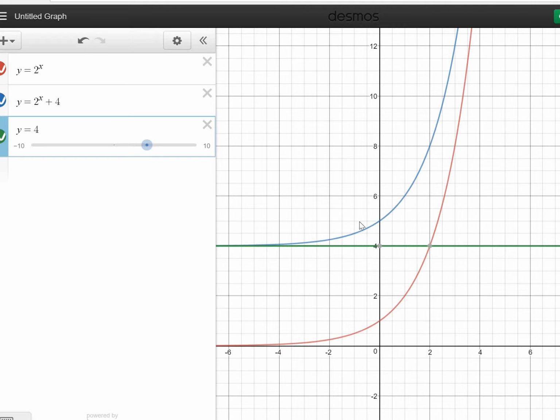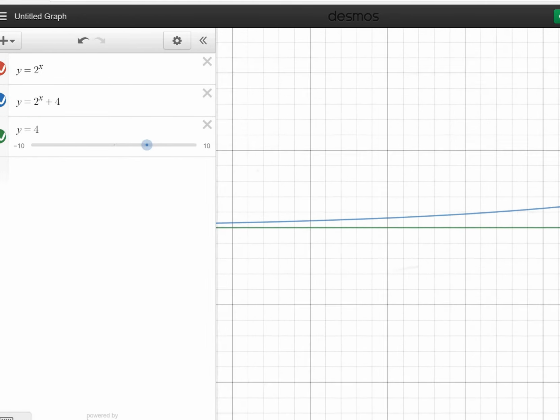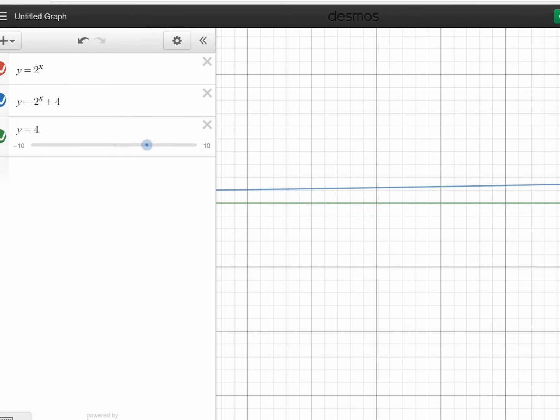Our blue graph of y equals 2 to the x plus 4, as it goes down towards the left and approaches negative infinity, will never touch the green graph. We can zoom in and it gets really close, but it never actually touches.